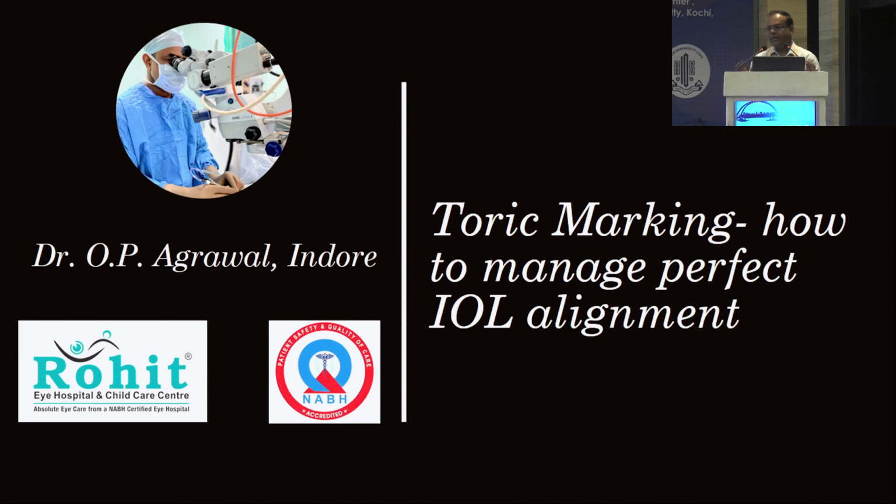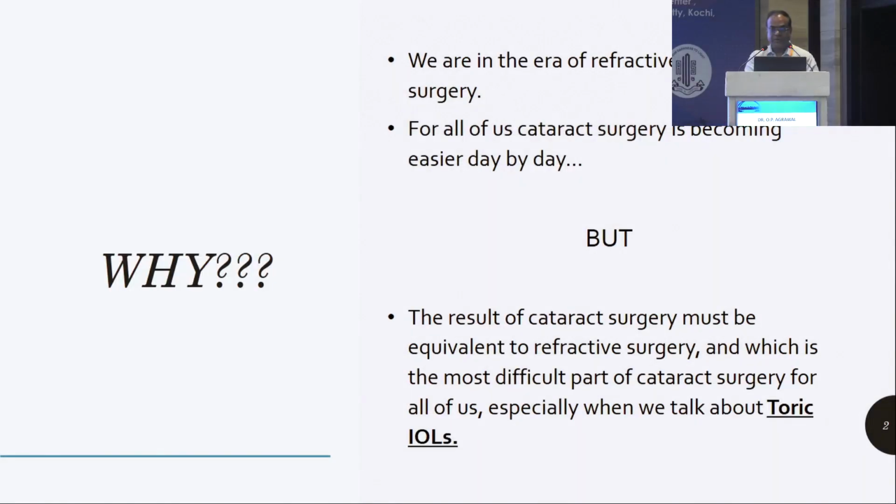For sharp and clear vision, each and every step of cataract surgery is important, and that's why toric marking as well as toric alignment of the lens is also very important. And why is this important? Because we are in the era of refractive cataract surgery, and for all of us, cataract surgery is becoming easier day by day.